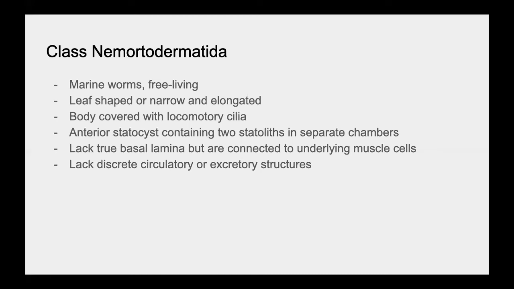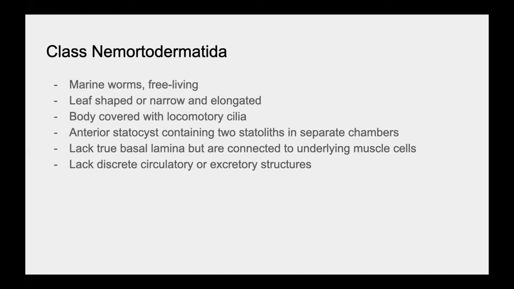Wish I could have shown you guys a picture, but it was really hard to find one online. But their body is covered with locomotory cilia and are easily recognizable by their anterior cysts containing two cytoslits in separate chambers. The epidermal cells of this class lack a true basal lamina, but are connected to underlying muscle cells.